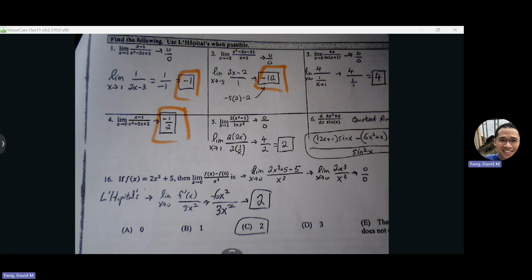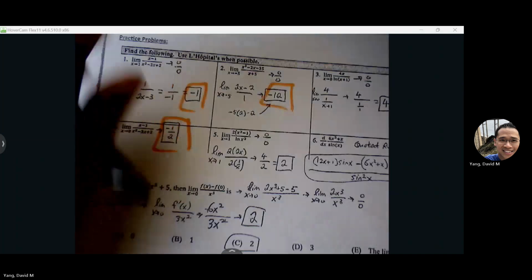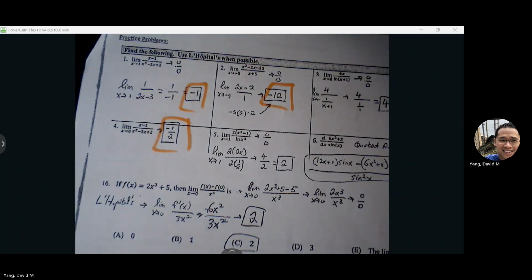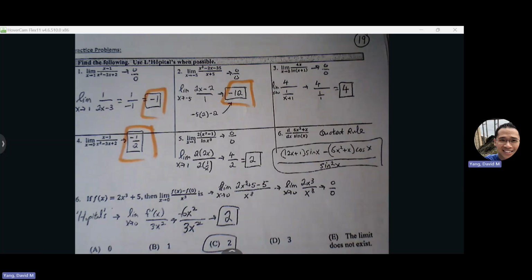All right, page 21. So go ahead and try page 21, number 3.